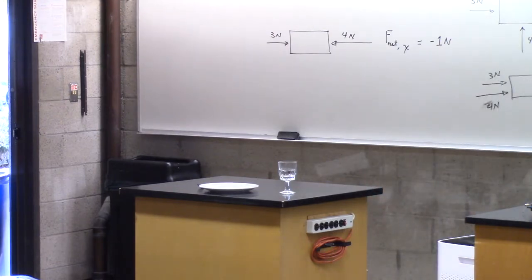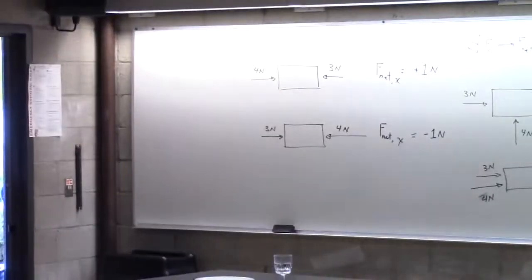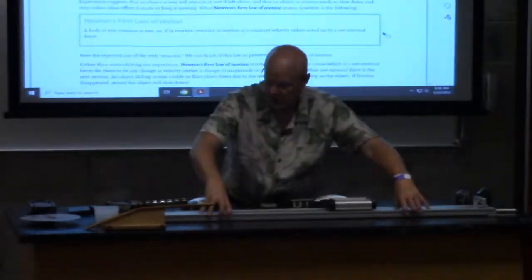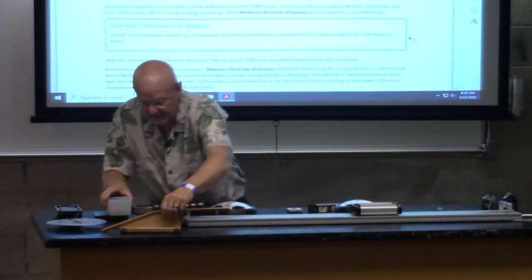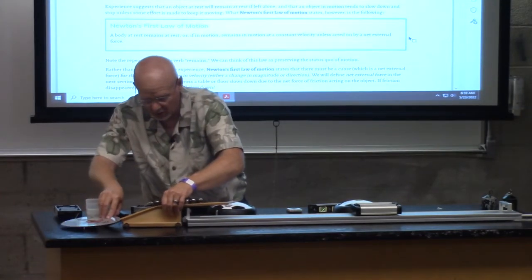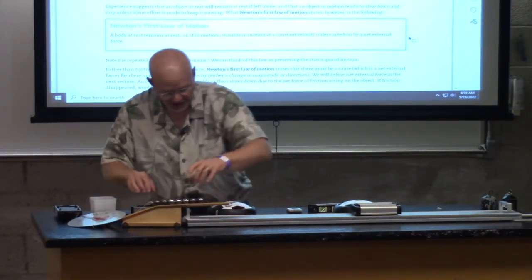Now, I think the harder one to visualize is what if they're already in motion? Because remember, if the net force is 0, we're saying they would have no acceleration.